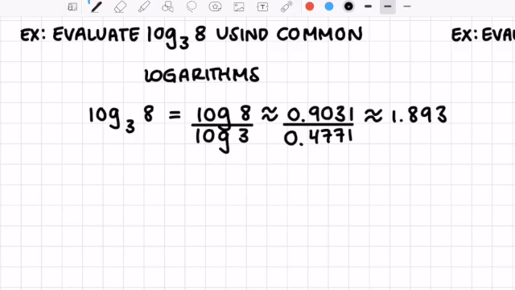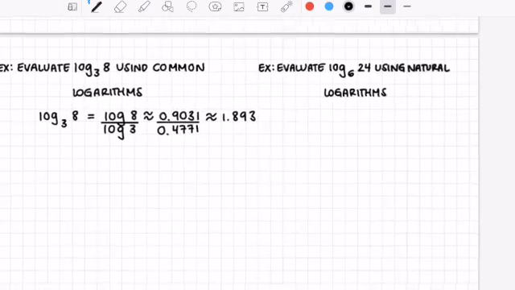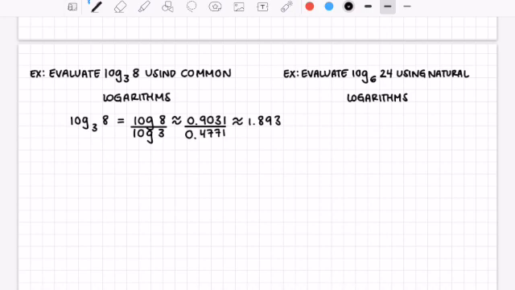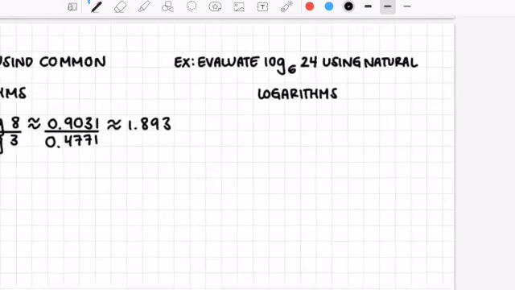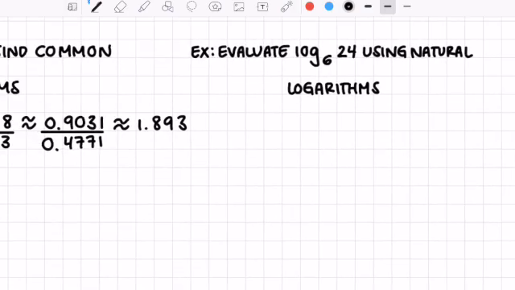Same thing again, we can evaluate log base 6 of 24, and we can also use natural logarithms instead. So with natural logarithms, we have log base 6 of 24.